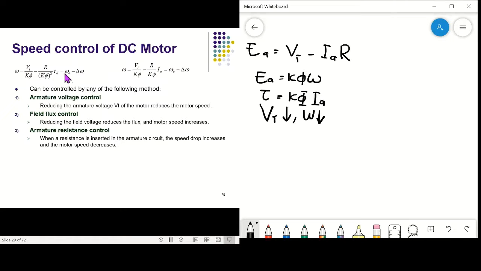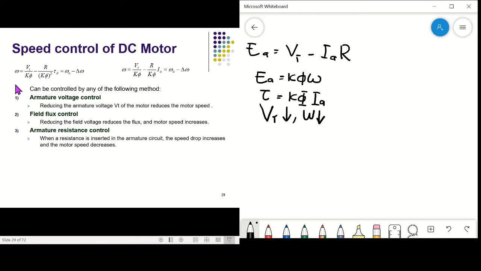Omega naught is no load speed. Betul tak? When a resistance is inserted in the armature, kita tambah lagi resistor dekat sini, so the speed drop will increase. So at this part will increase, and then bila di sini increase, yang ni constant, and then the motor speed will decrease.